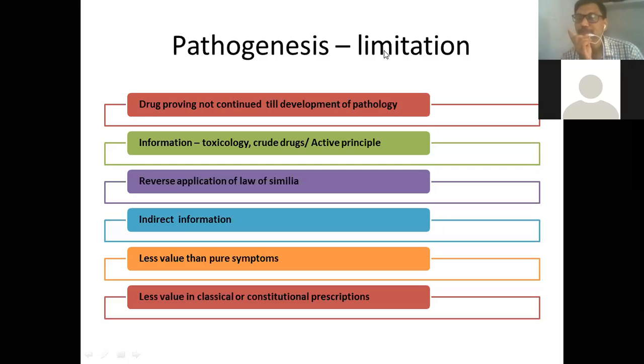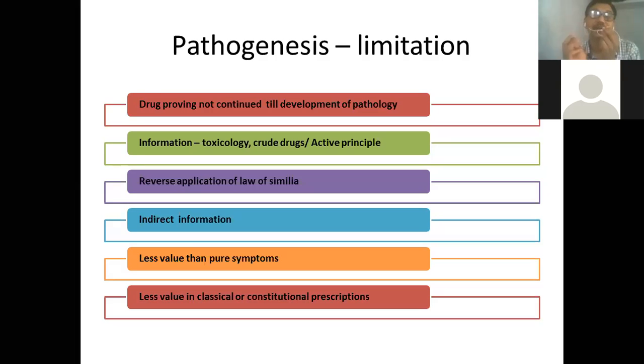Because in the drug proving, it has produced symptoms similar to fever in the prover, and therefore it is applicable in cases of fever. This is a forward, or straightforward, application of the law of simile. As cinchona produces fever, it has the ability to cure the fever.